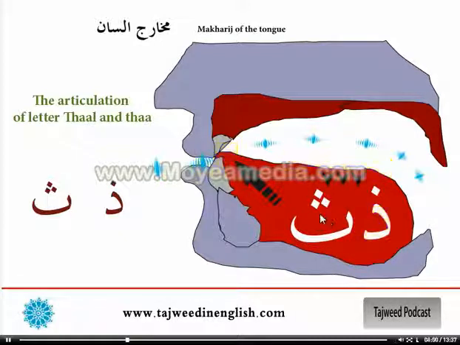Thing, with a Tha. So using the tip of the tongue, but the quality of the Tha has more air flowing. More air will flow and hit the top incisors when saying ath.